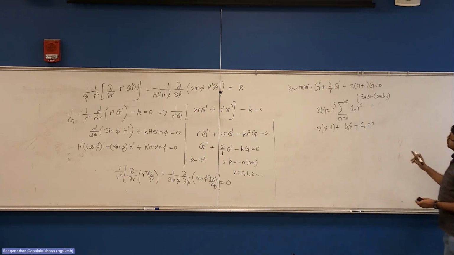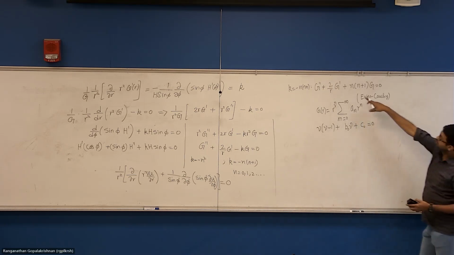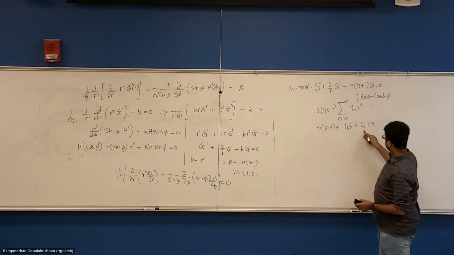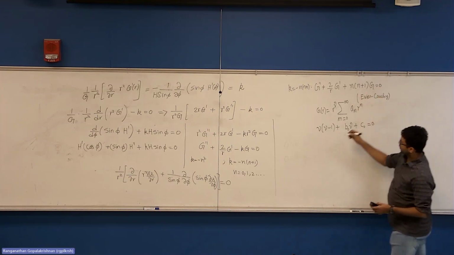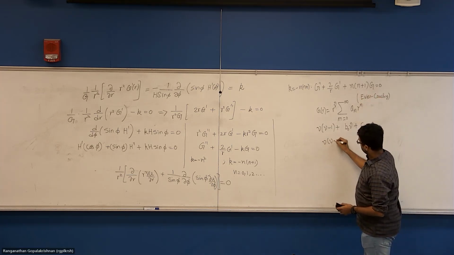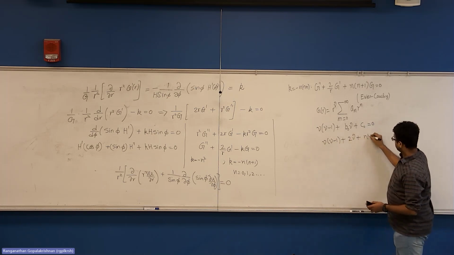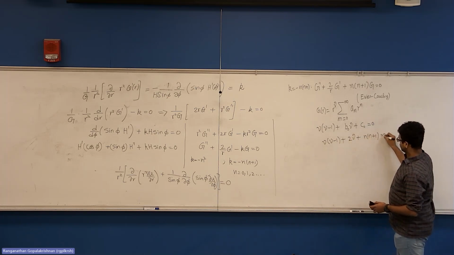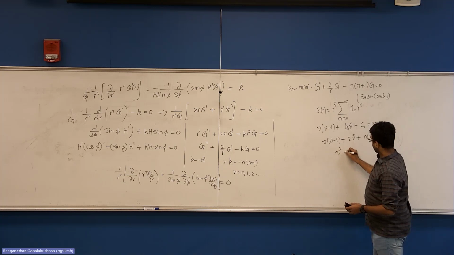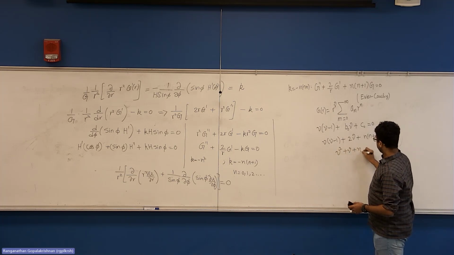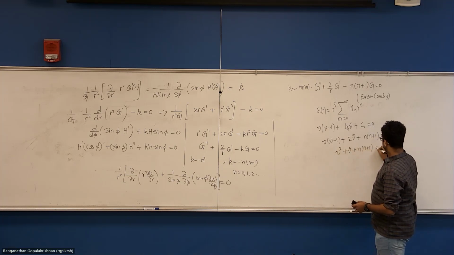What is b naught? 2. What is c naught? N times n plus 1. So you have nu times nu minus 1 plus 2 nu plus n times n plus 1 equal to 0, or nu squared plus nu plus n times n plus 1 equal to 0.